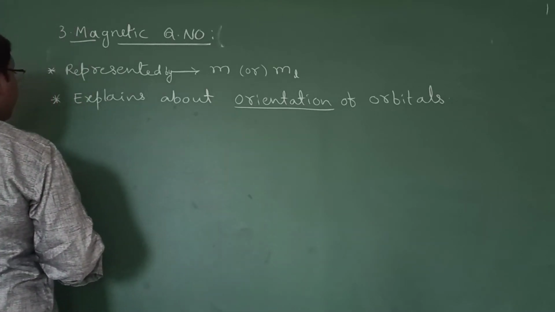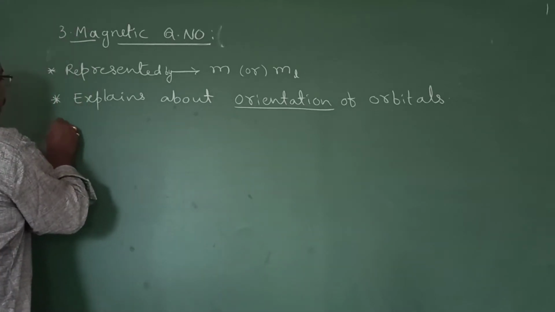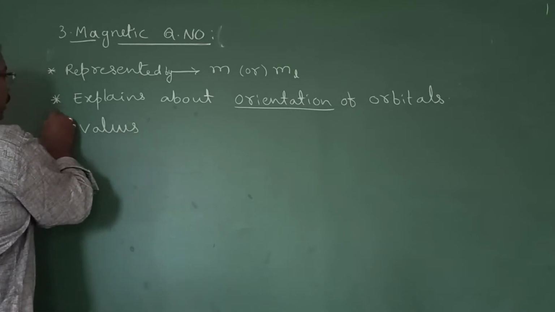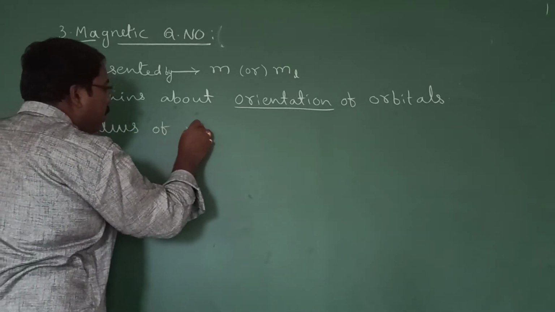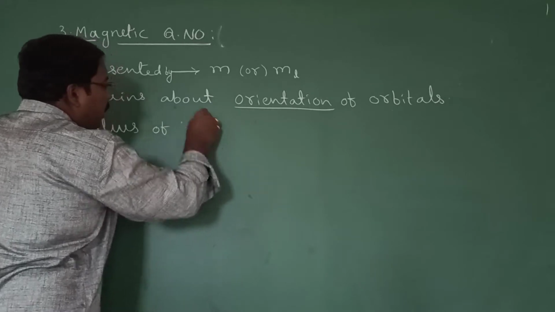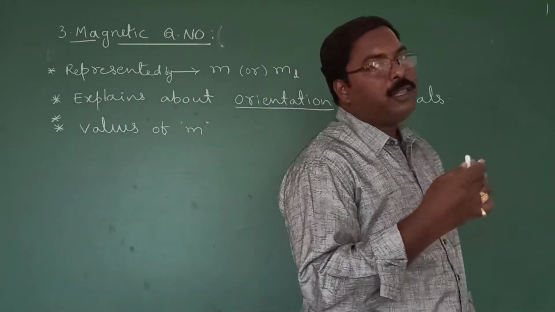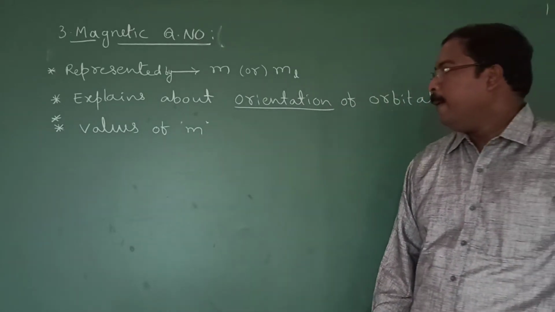Now, coming to the values, this is most important. Values of m are slightly different when compared to the previous two quantum numbers.